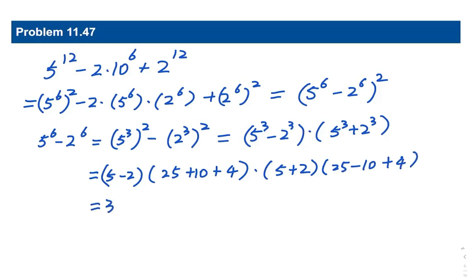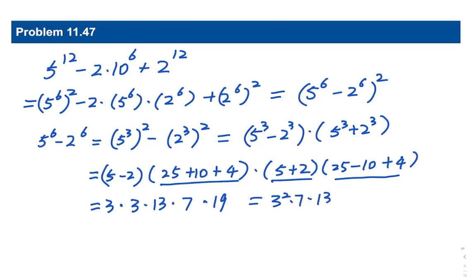So this is 3 times 39, 3 times 13, times 7, and this is 19. So 3 squared times 7 times 13 times 19.